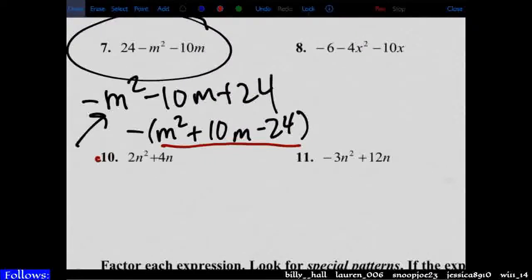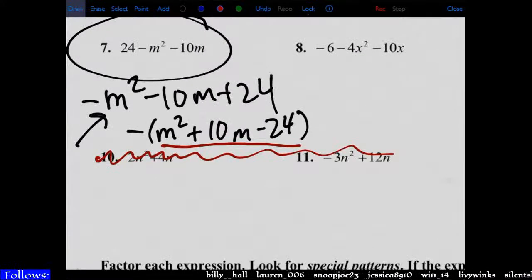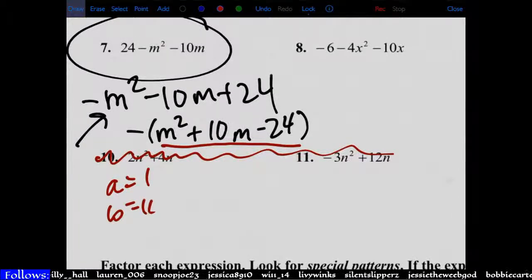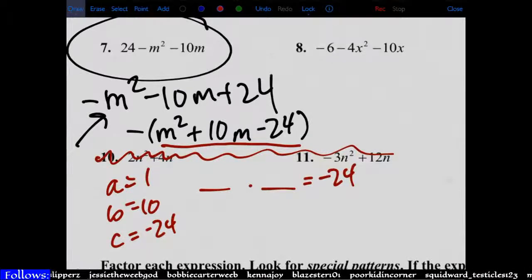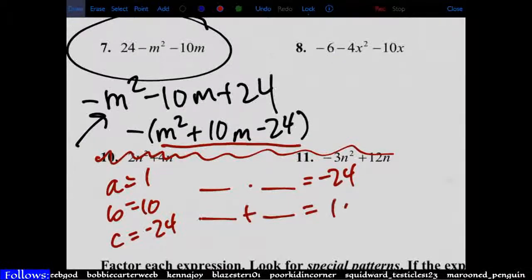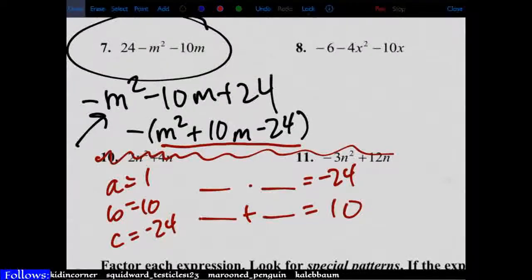I'm gonna factor it down here underneath because I don't have room. So A is 1, B is 10, C is negative 24. We need two numbers that multiply to make A times C, which is negative 24, and add to make 10. What's my two numbers? Add to 10, multiply to negative 24.